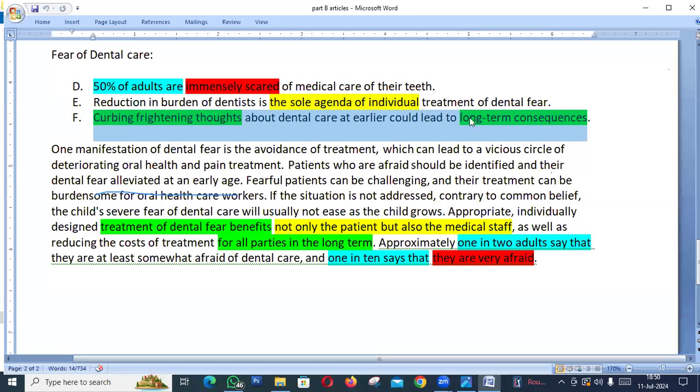Curbing means stopping the fear about dental care at an early stage of life. It could lead to long-term consequences, means long-term effects, of benefits. Consequences you can use for positive and negative both things, okay.